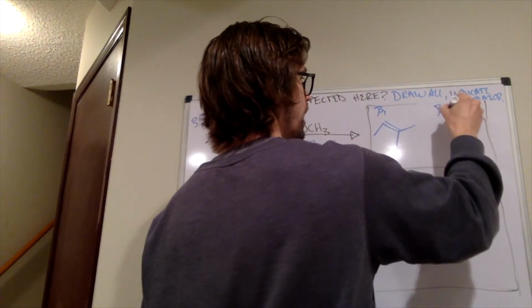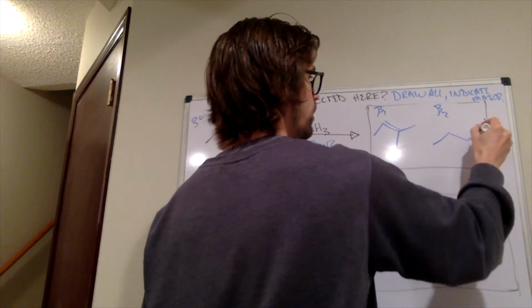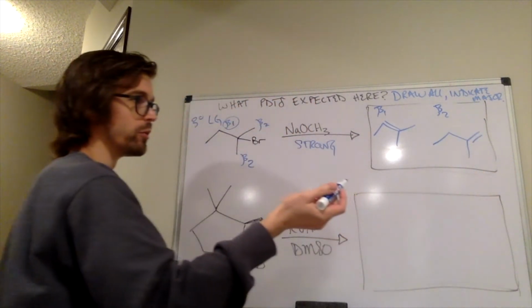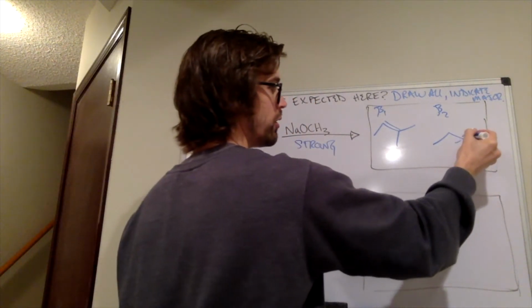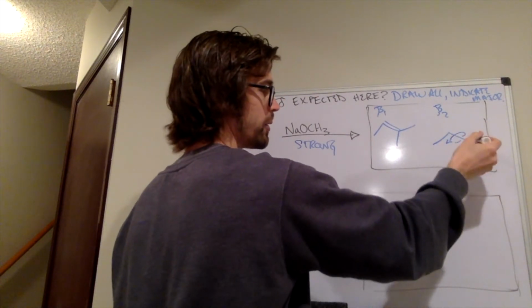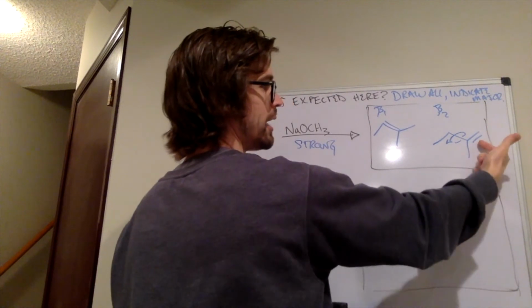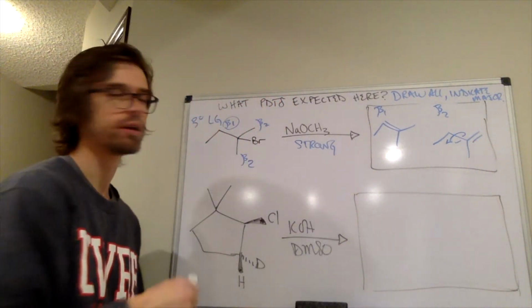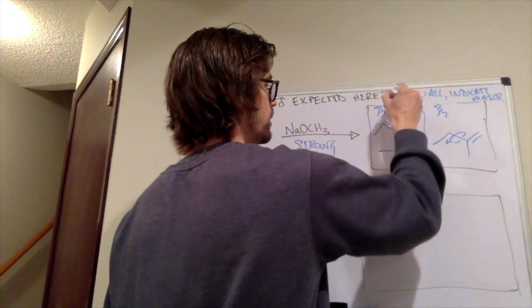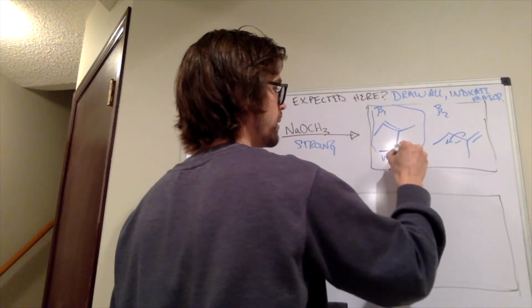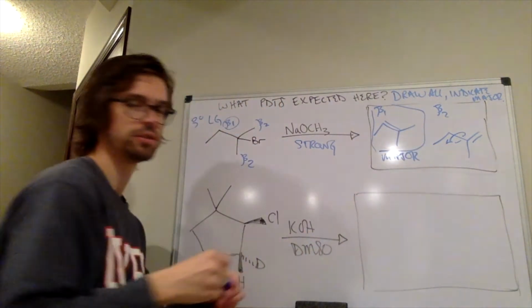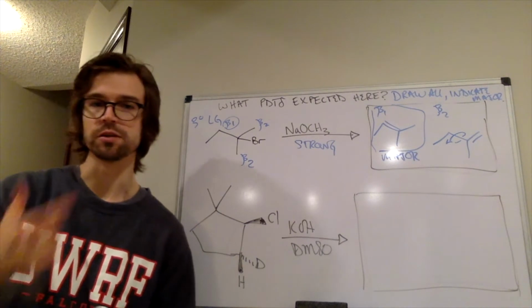So if we pull off the beta 2 position, we're going to form that molecule there. There's free rotation around that carbon-carbon bond. It's a single bond, so whether or not the double bond's on that side or that side, it's the same product. Which one's the major? This one's the major because it's tri-substituted. The other one is di-substituted.